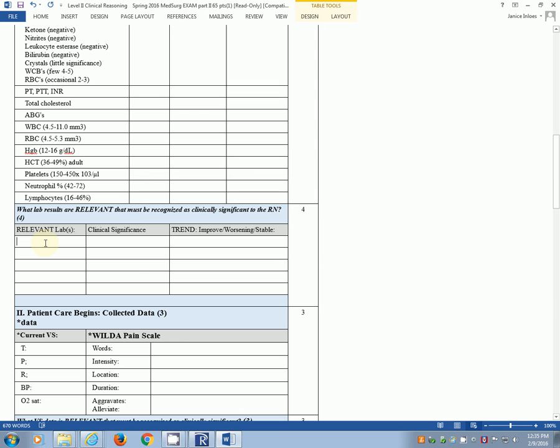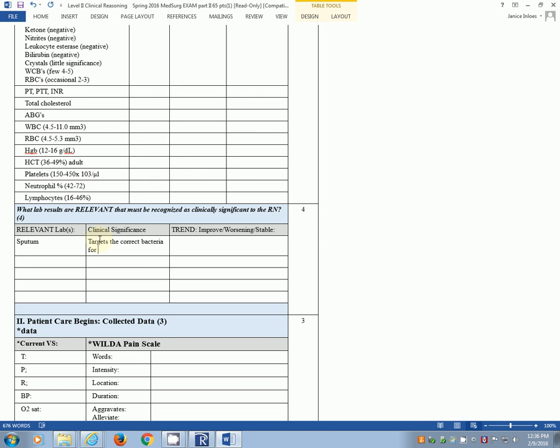Well, our sputum was relevant because it targeted the organism, and we don't really know if the sputum is improving, and we won't usually take another one.